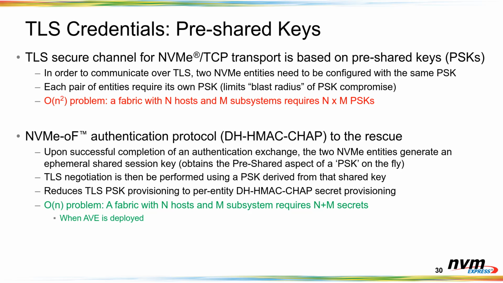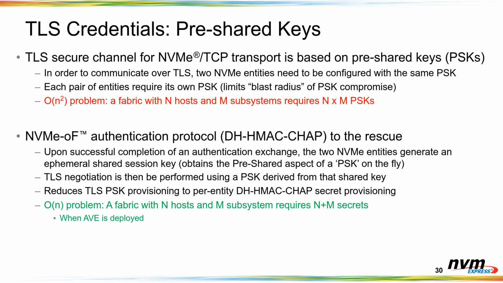There's a bit of mechanics in here because typically the ephemeral shared session key is rather large, and there needs to be some hashing and key derivation done to produce a PSK that TLS can use. But the upshot is that TLS PSK provisioning gets reduced to a per entity DH-HMAC-CHAP secret provisioning.